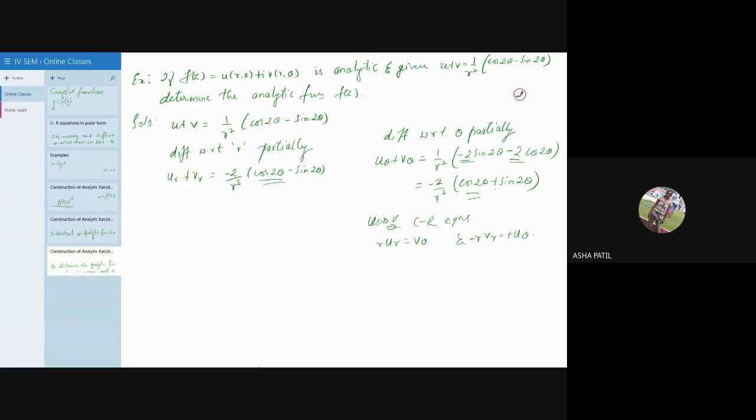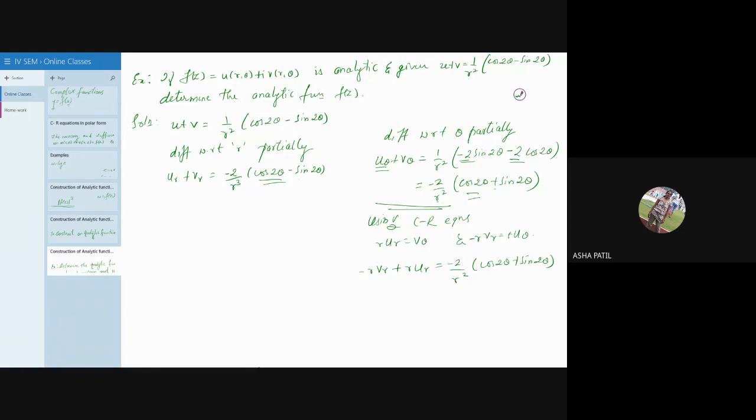So let us substitute: u theta is minus r vr, and v theta is r ur. That is equal to minus 2 by r square into cos 2 theta plus sin 2 theta.